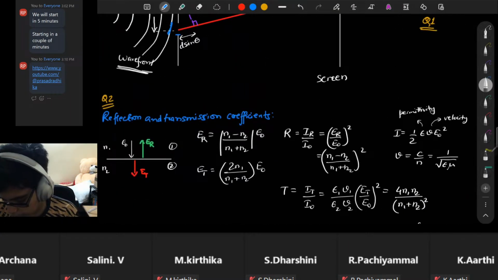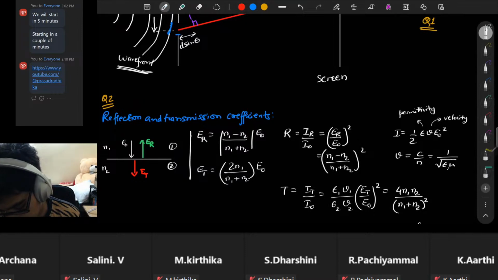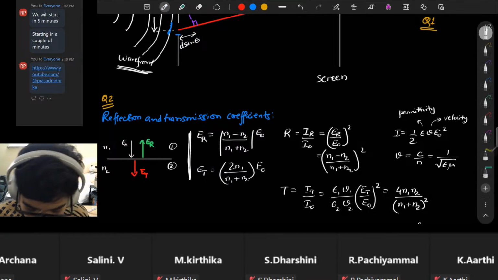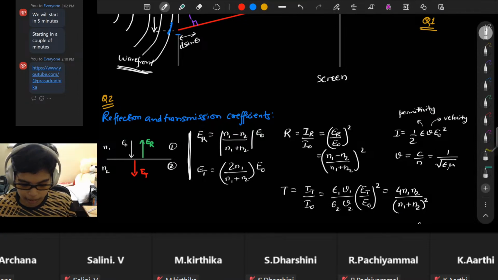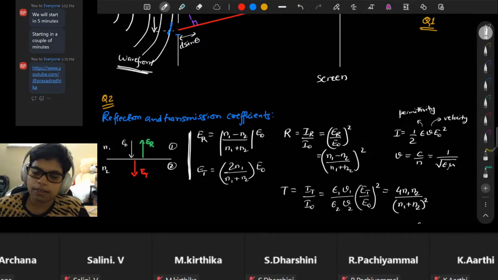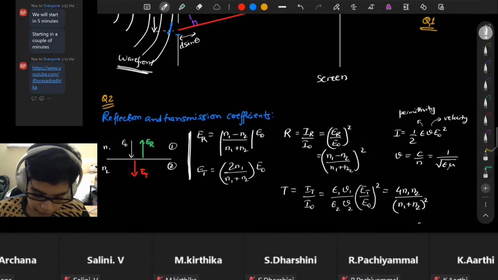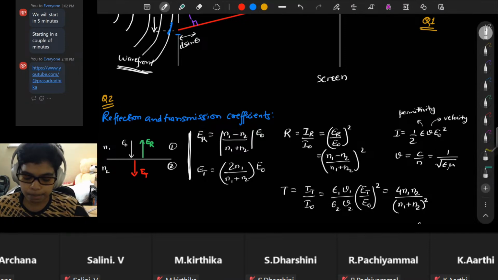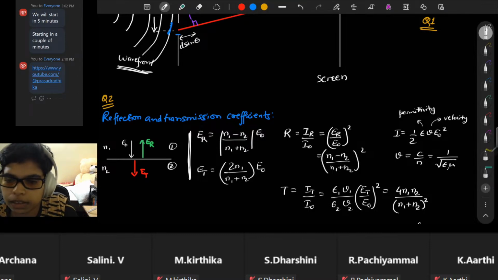So you see that the reflected and transmitted amplitudes are different, and they are different from the incident amplitude, and they depend on the refractive indices of the medium that separates the interface. So if you know the refractive indices, then you know what the reflected and transmitted amplitudes are. So this was all about this question.